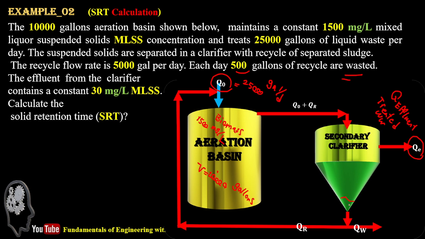So discharge from the clarifier is about 5,000, which divides into two parts. One portion returned back like activated sludge to the aeration basin, that's 4,500, and 500 just goes out of the system, 500 gallons. That's wasted. This is recycled.